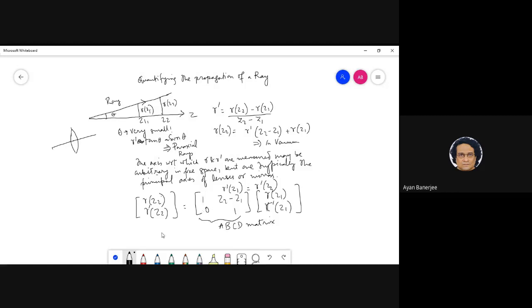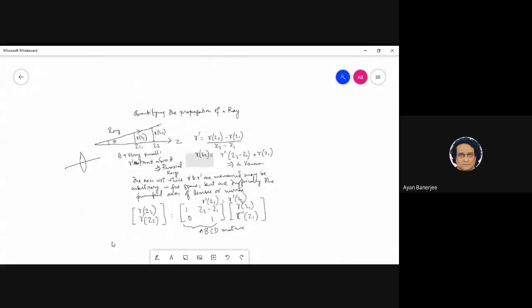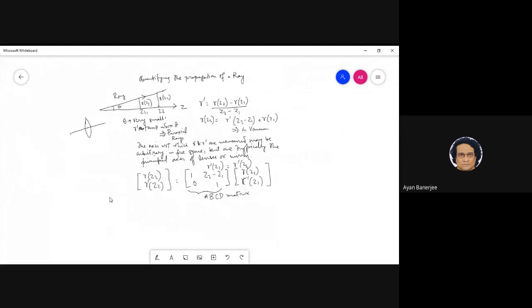So what we finally have, if you write it in the form of an equation, is Rf, Rf dash equals the matrix A, B, C, D times Ri, Ri dashed.